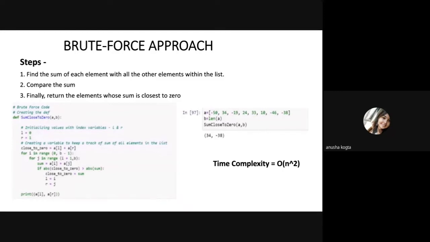Then we created two for loops to take all the elements in the list and compute the sum, and then we compared using absolute values. If the absolute value of close to zero is greater than the absolute value of the sum, then we put that sum into close to zero. In this way we found the two elements whose sum is closest to zero.